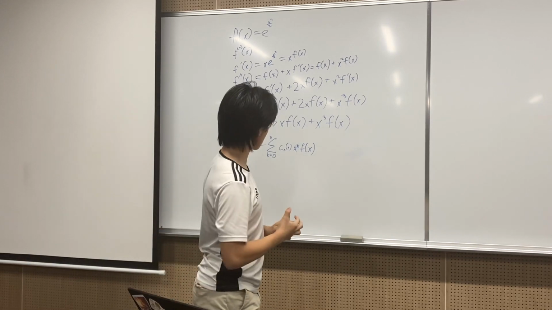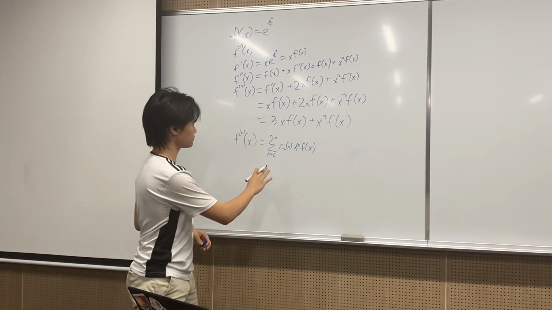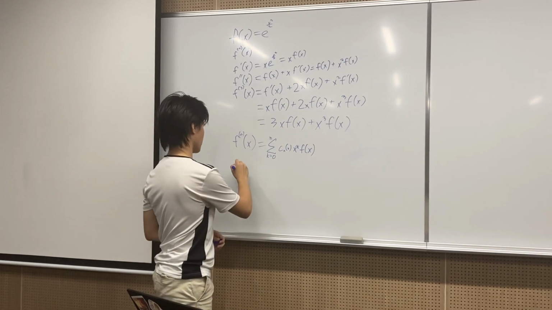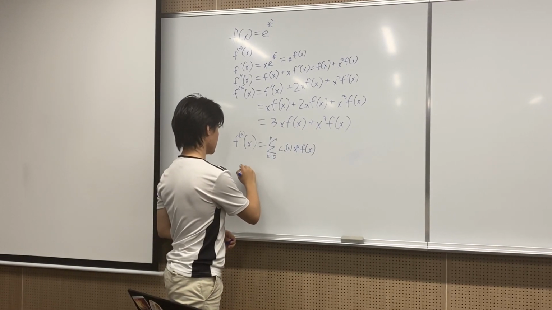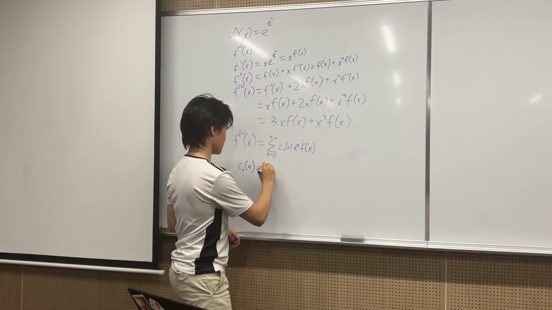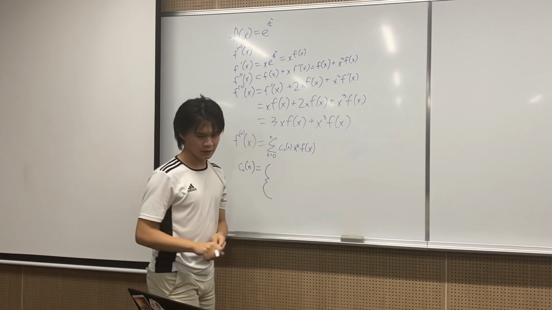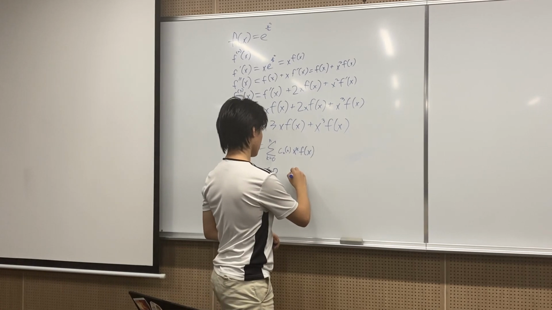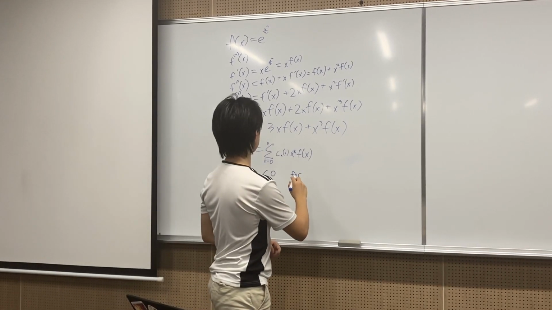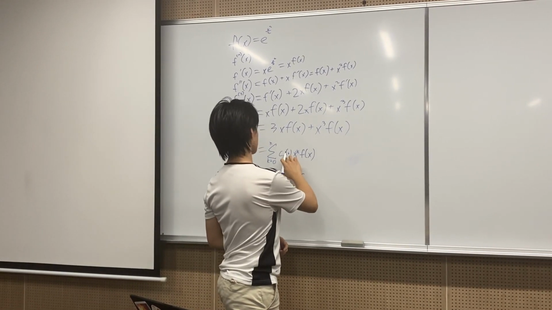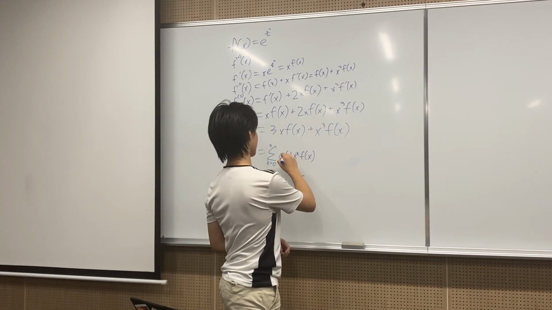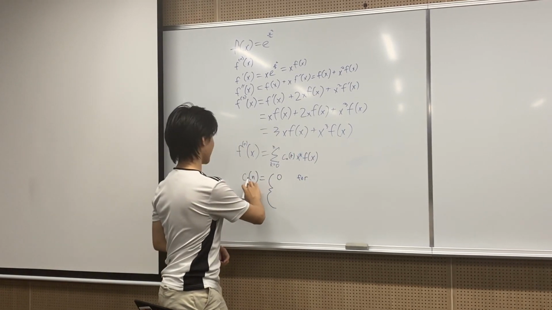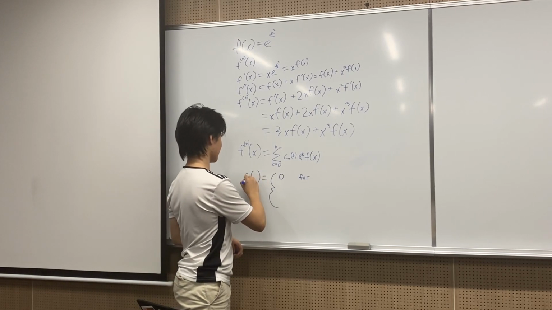And from here we can start to write out what c sub k of n is. We can say that c sub k of n is piecewise 0 for, actually, a little bit of a mistake, we're gonna swap this to be c sub n of k. That'll make more sense.